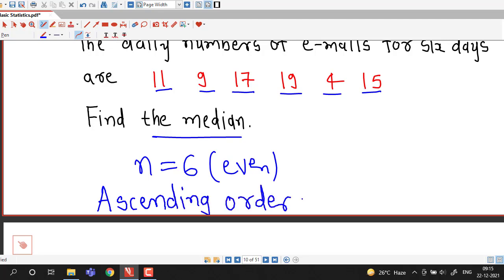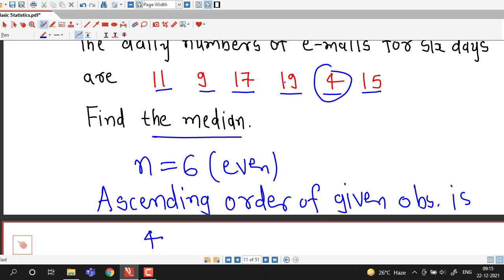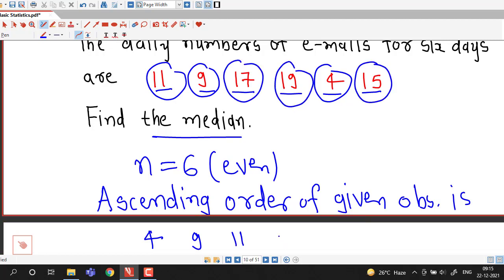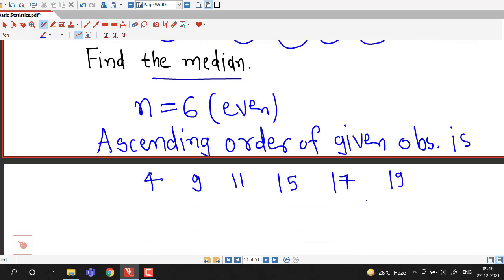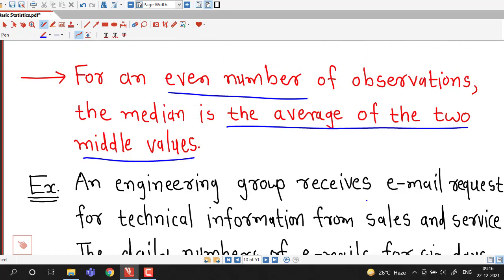To find out median, first we arrange these observations in ascending order, that is starting from smallest to largest. So ascending order of given observations is smallest value is 4, then 9, then 11, then 15, 17, 19. Now here we have written that if we have even number of observations, median is the average of the two middle values.